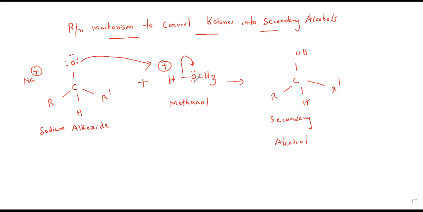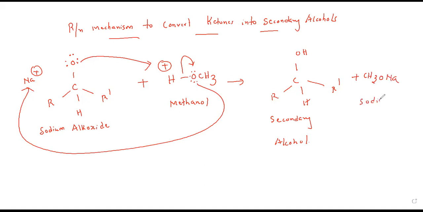So oxygen will get 3 lone pairs of electrons, and this extra lone pair of electrons, I will donate to sodium. Therefore, you will get a byproduct called CH3ONa. This is called sodium methoxide as a byproduct. So this is how a ketone can be converted into a secondary alcohol in the presence of sodium borohydride.